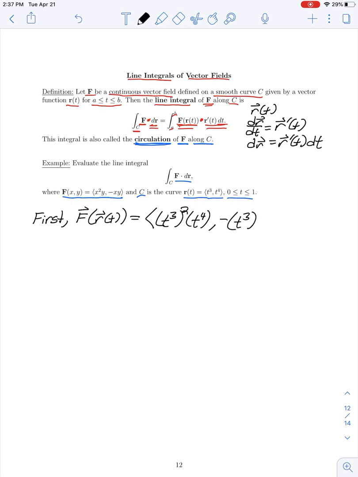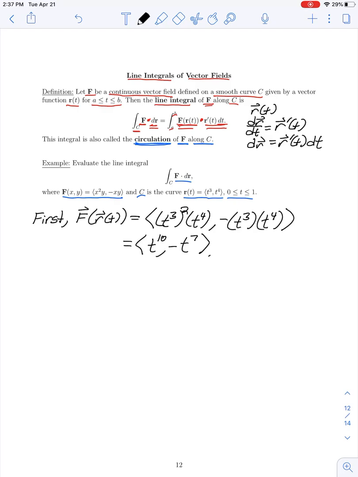So here we have negative t cubed times t to the fourth power. Or this can be simplified as, for our first component, t cubed squared would be t to the sixth times t to the fourth, so t to the 10th, and then a negative t to the seventh.